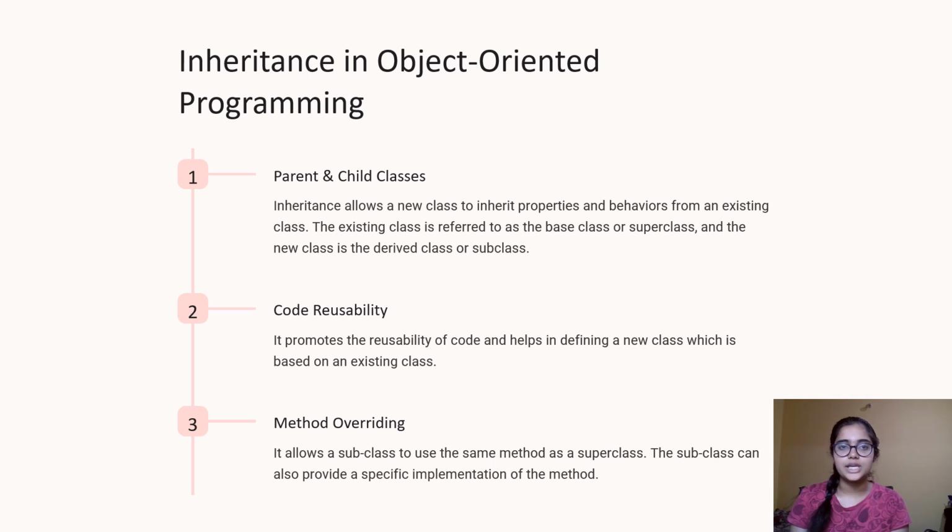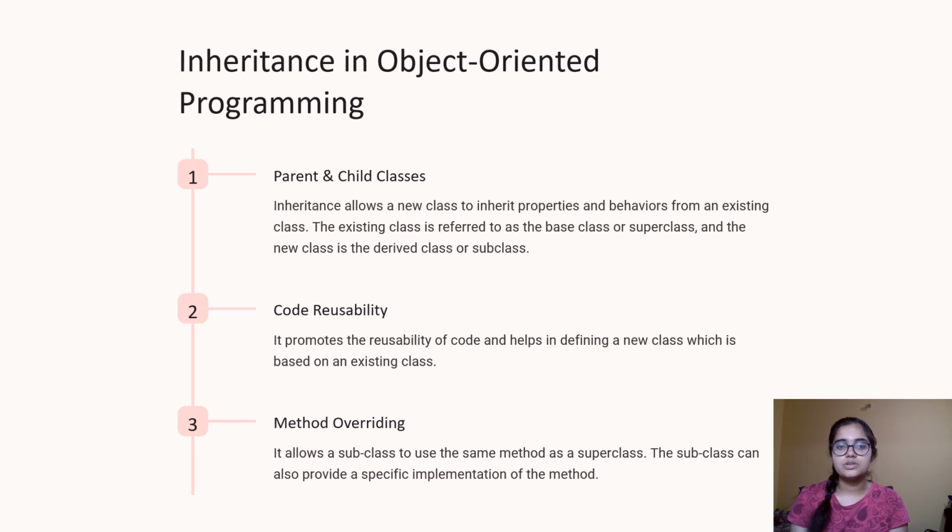Now let's learn about inheritance in object-oriented programming. First is parent and child classes. Inheritance allows a new class to inherit properties and behaviors from an existing class. The existing class is referred to as the base class or the superclass, and the new class is referred to as the subclass.